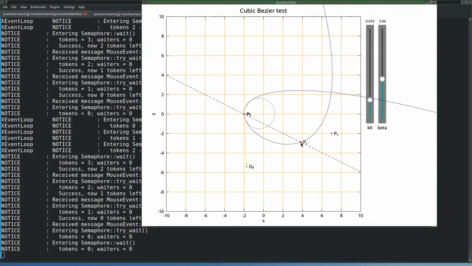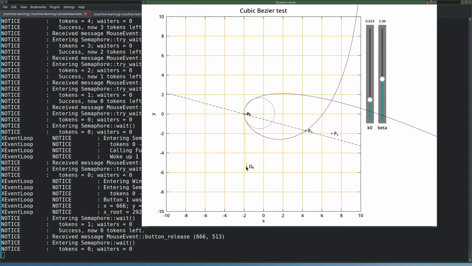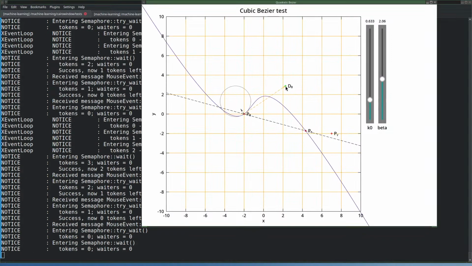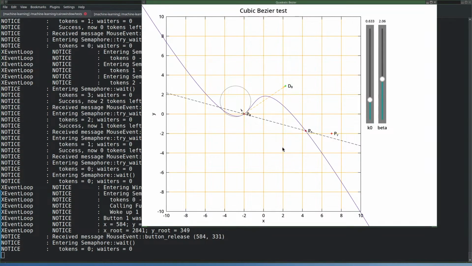Okay, so the idea is that we set direction and curvature at P0. Then it has something like, okay, this is curvature, this is the direction. And then we have to go to P1.